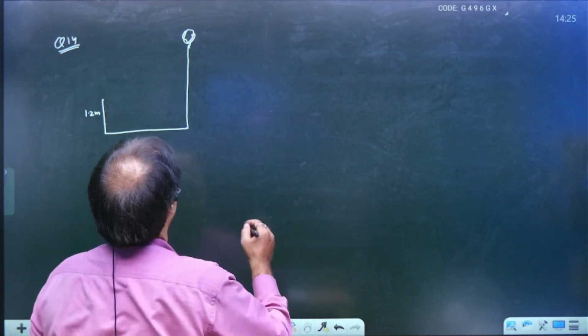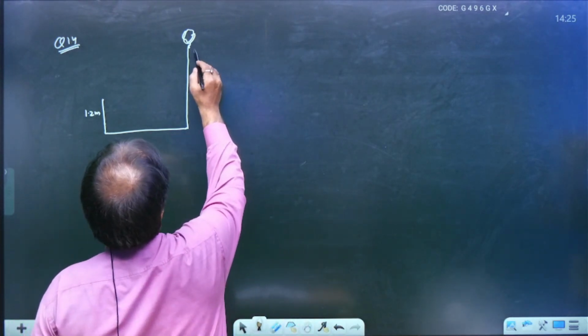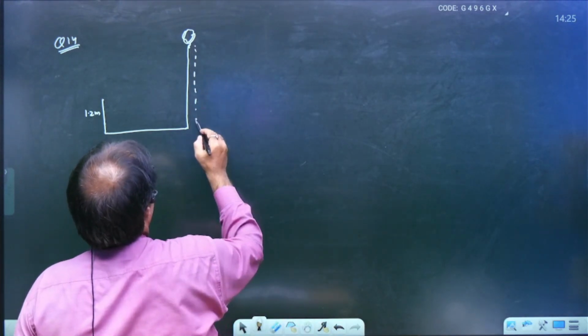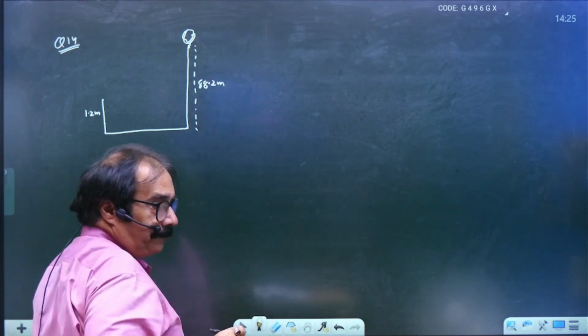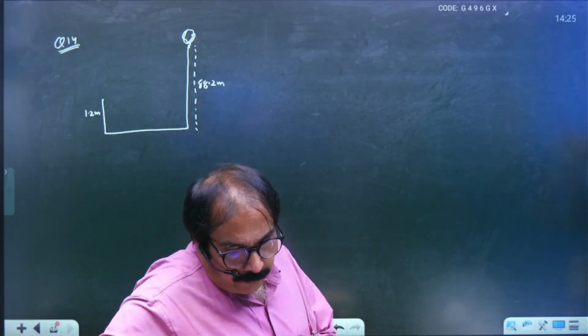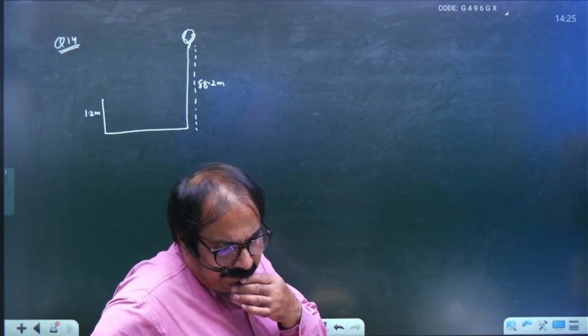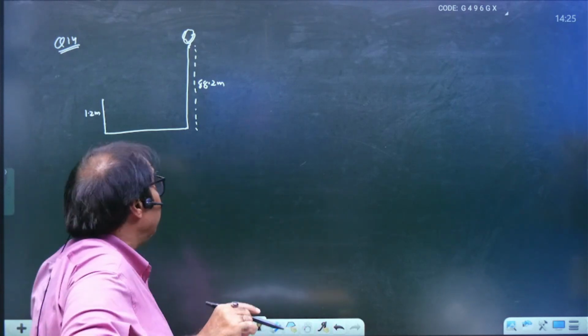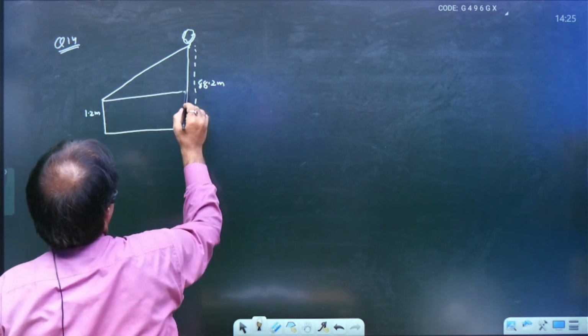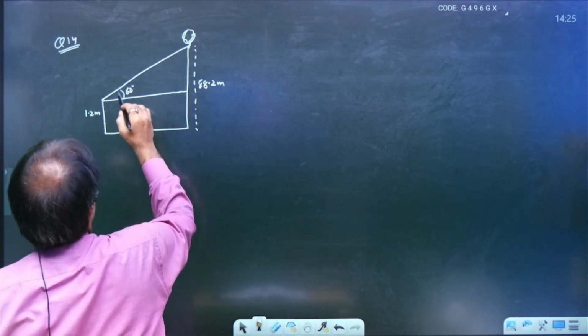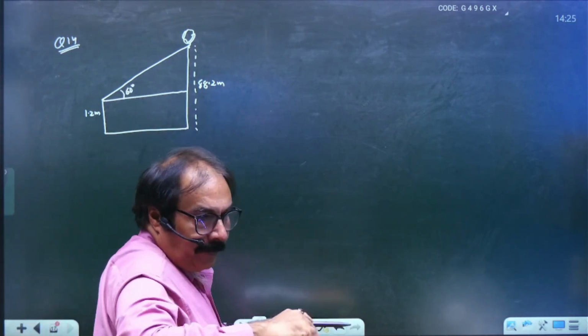At the height of 88.2 meters. So this much height is given. From the eyes of the girl at that instant, the angle of elevation is given as 60 degree. This angle is given 60 degree.